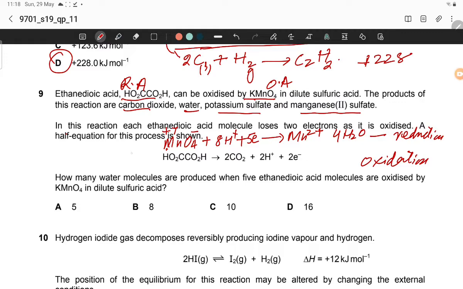So to equalize the two reactions, this reaction will be multiplied by 5 and this will be multiplied by 2.